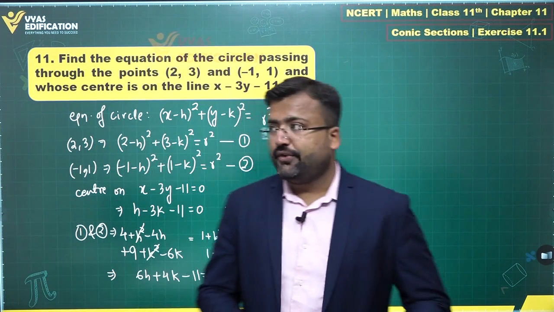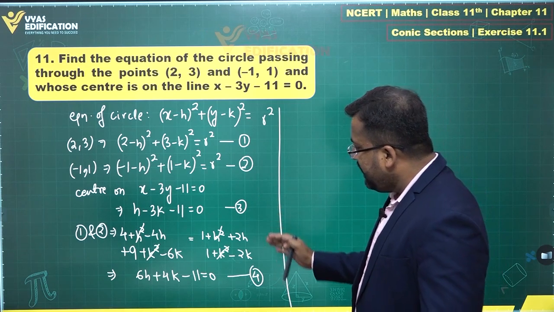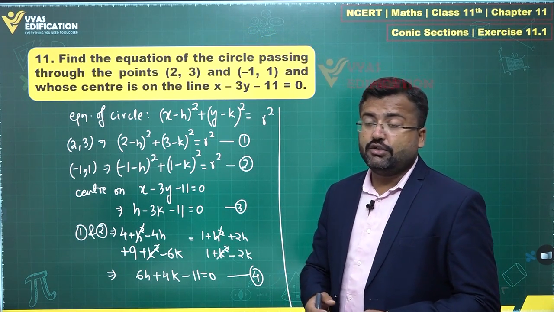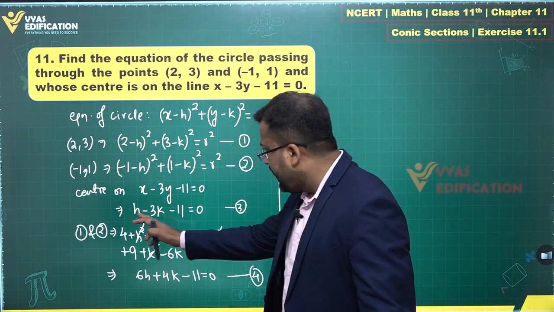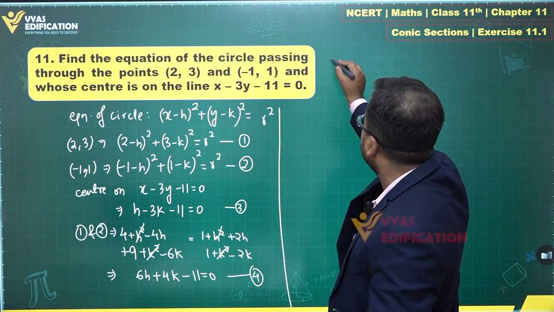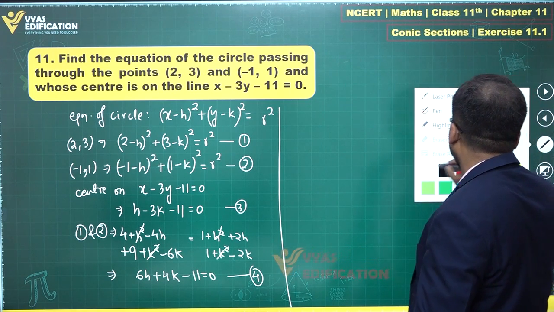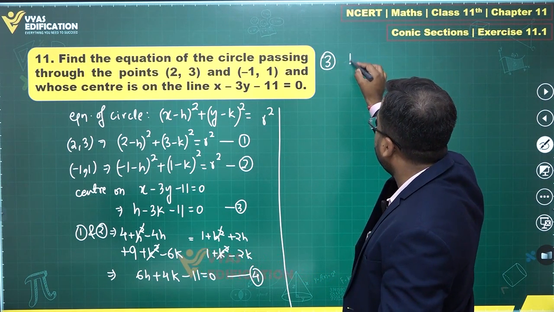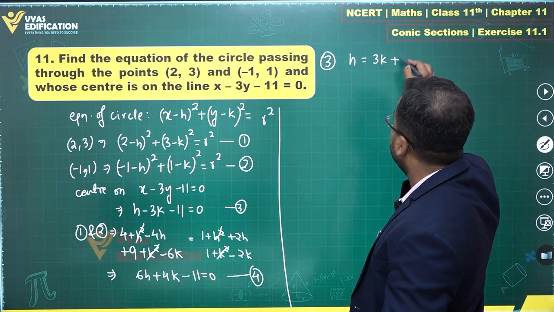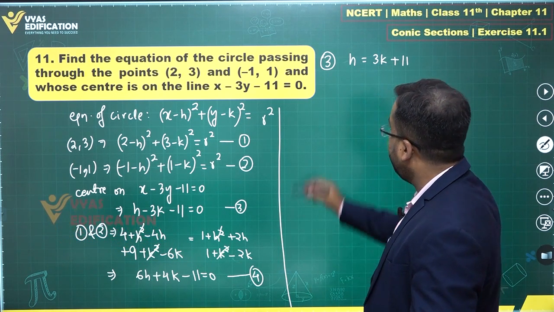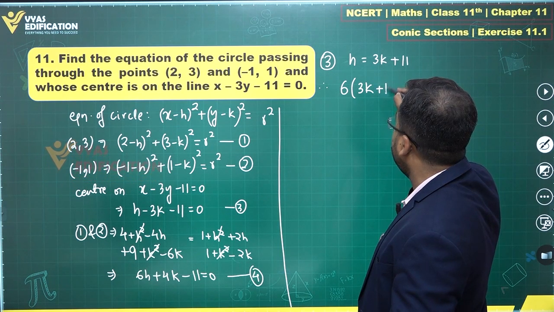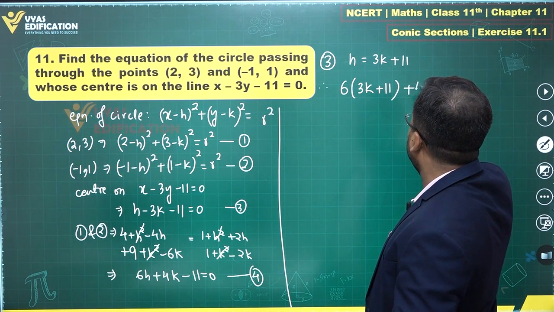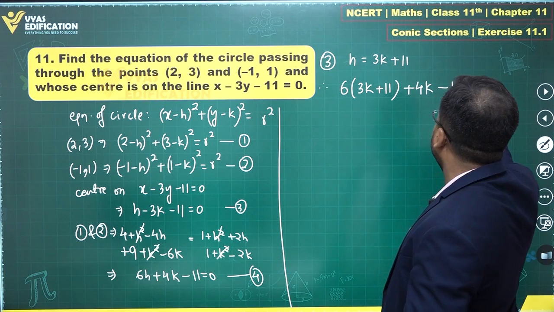Next, what do we have? So the third and fourth equations can be solved to get the values of h and k. And how do we solve these equations? We have the value of h from the third equation: h equals 3k plus 11. Therefore 6 times (3k plus 11) plus 4k minus 11 equals 0.